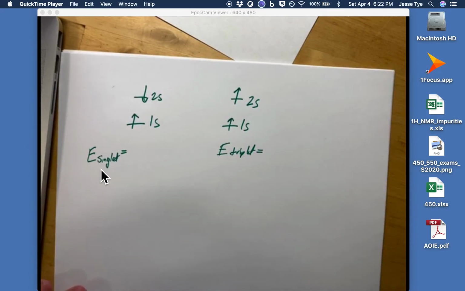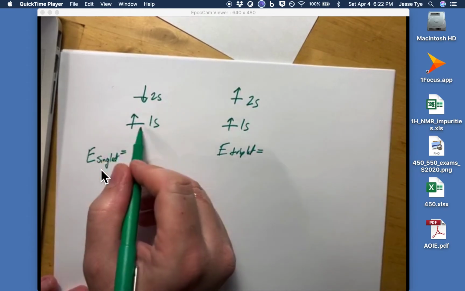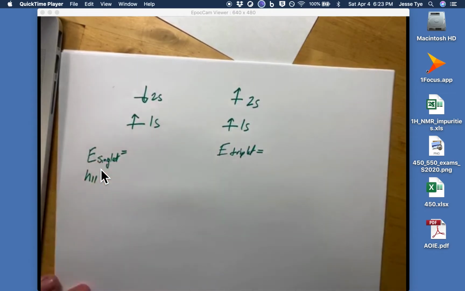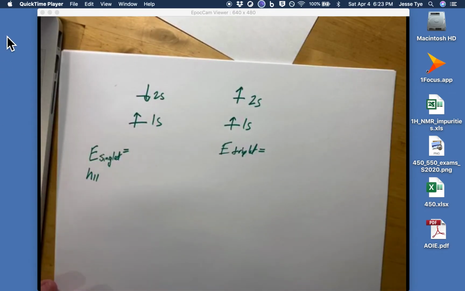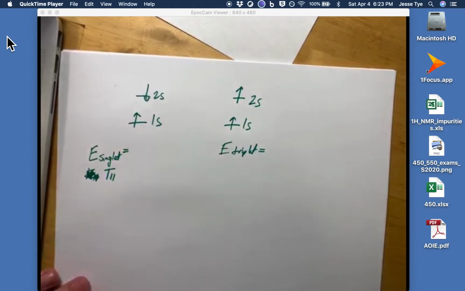So the first few terms of this will be boring. So this electron here in the bottom on both of them will have an H11. That's the T11, that's the kinetic energy of an electron in a 1s orbital.